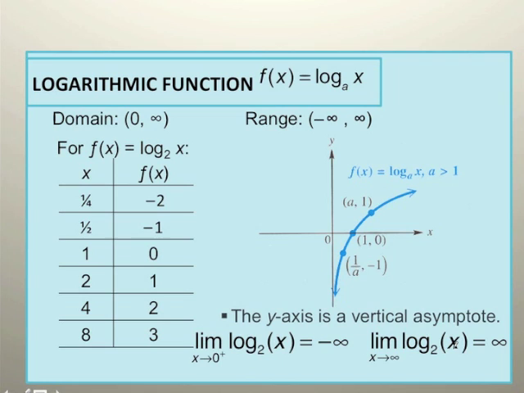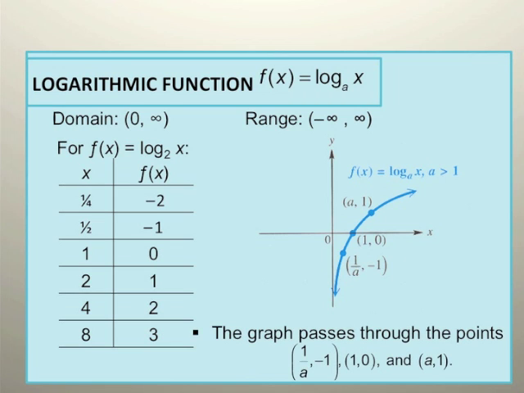And the limit of log base 2 of x as x goes to infinity is infinity for the y's. And the graph passes through these 3 points: (1/a, -1), (1, 0), and (a, 1). You might recognize those as the inverses of the 3 points we use for the exponential functions.